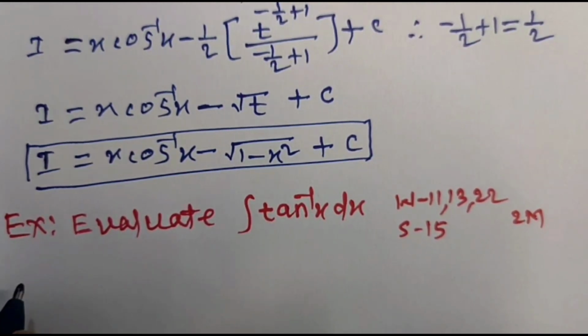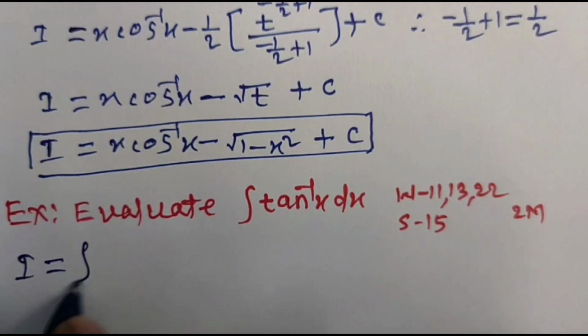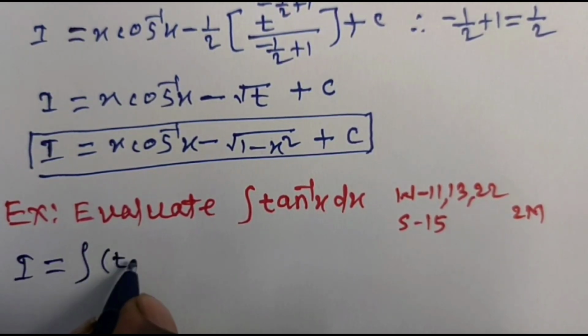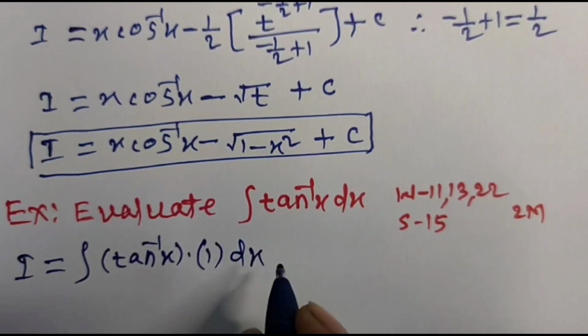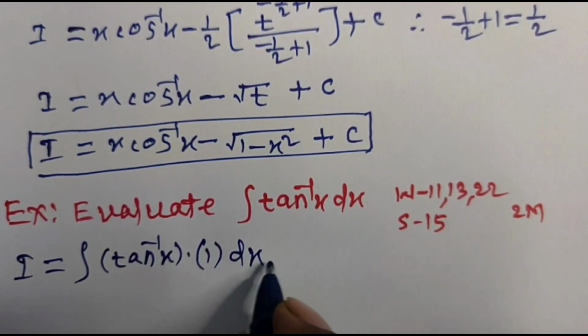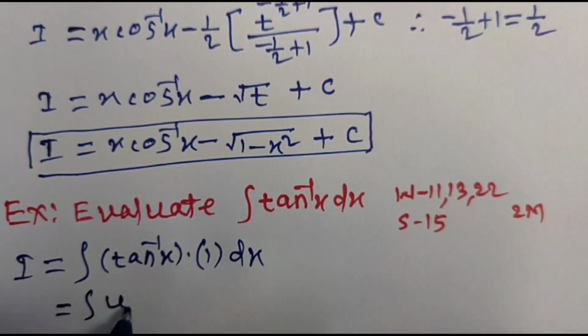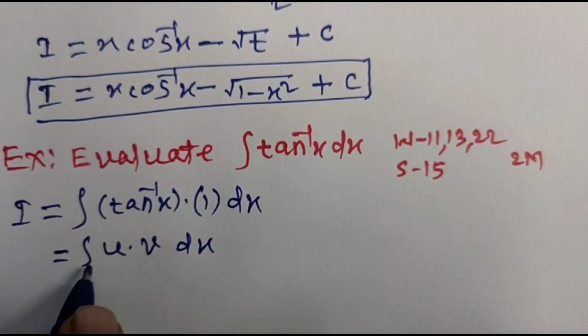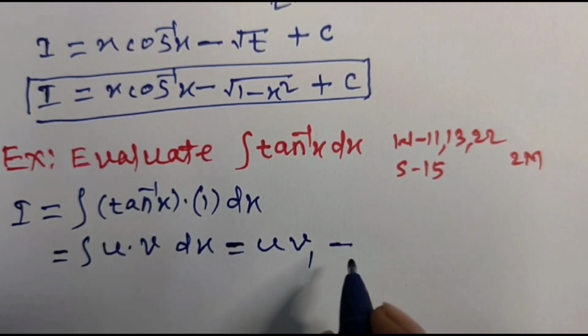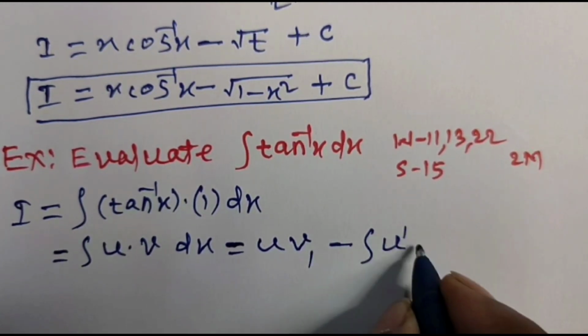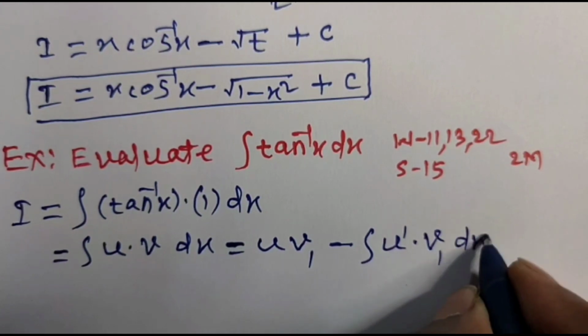So I is equal to integral of first function tan inverse x and second function 1, integral with respect to x, and this is equal to integral of u into v, integral with respect to x. The formula for this is u v1 minus integral of u dash v1 integral with respect to x.